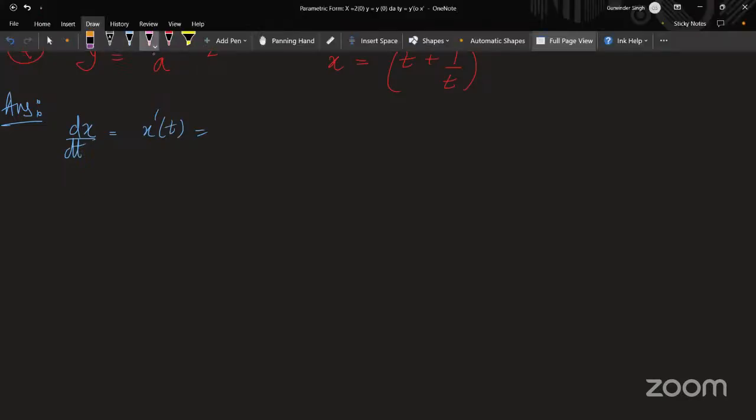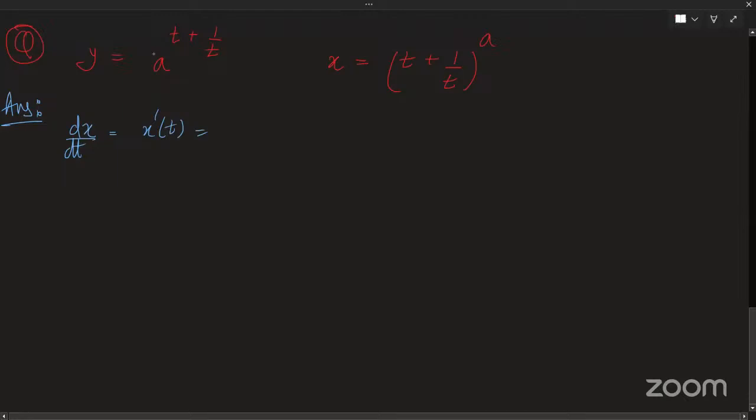Or can you directly do the derivative of this thing?